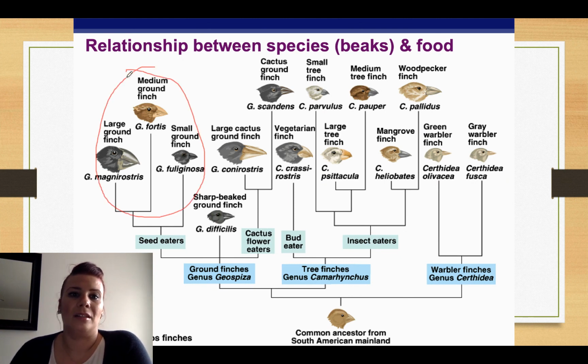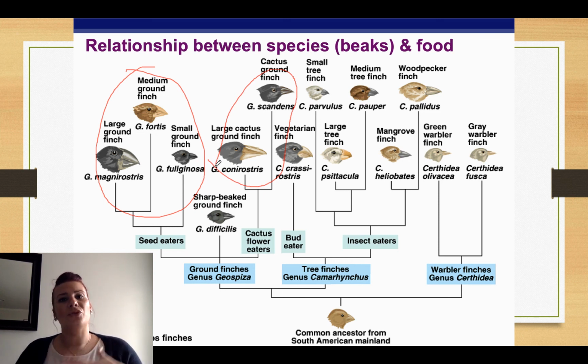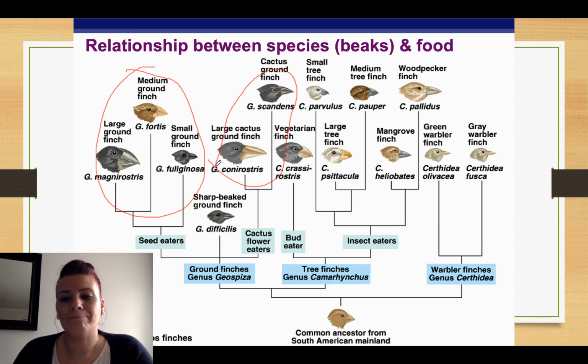This is good, because I need this size beak to eat my seeds. If I'm in an environment where there's only cactus flowers, I need this type of beak because that's going to help me, right? And so again, it's all about this idea of structure and function. The structure of the finch beak has to match its function, or in this case, its diet, okay?